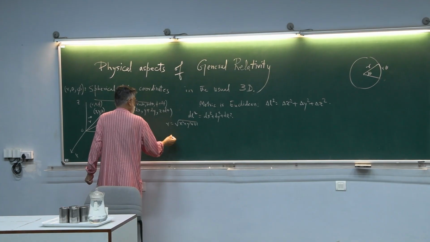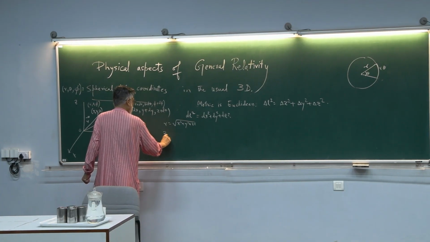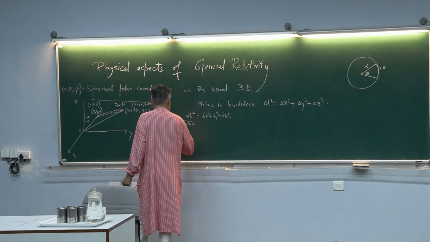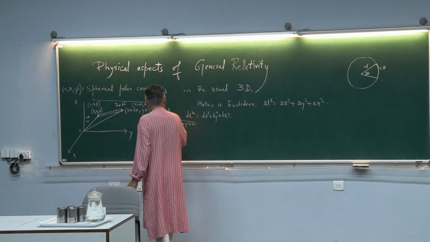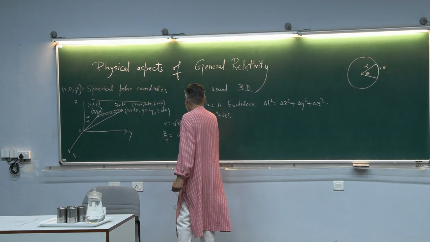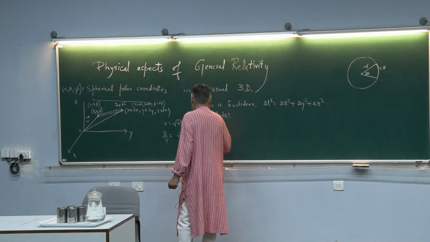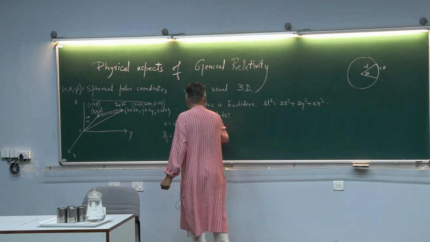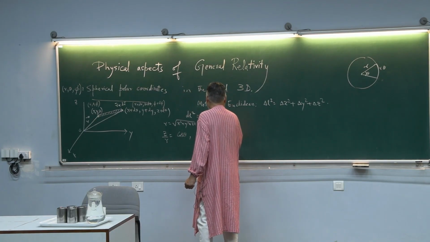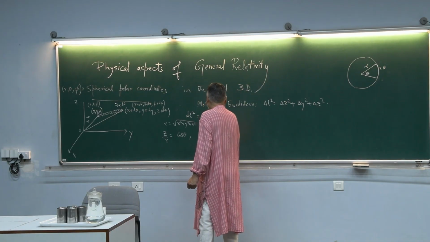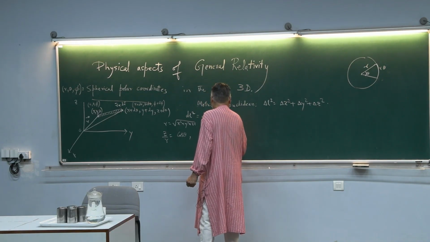Similarly, z by r is cos theta. So theta is defined in terms of z divided by r, and similarly x is r sin theta cos phi, and y is r sin theta sin phi.